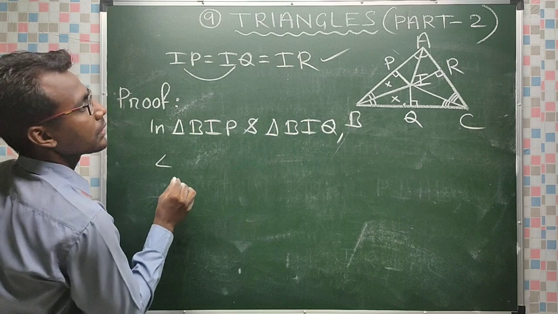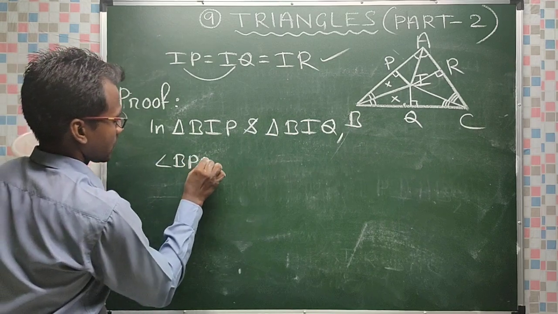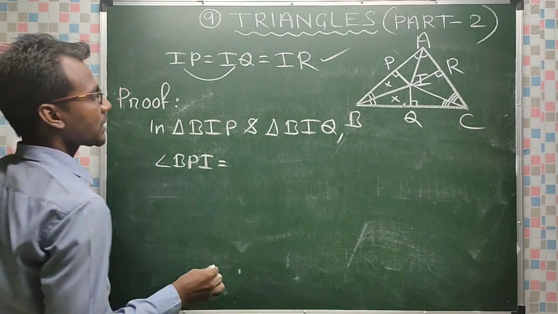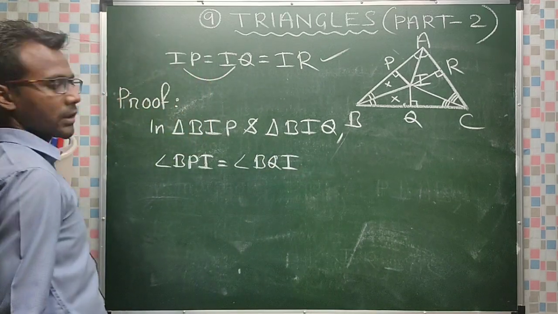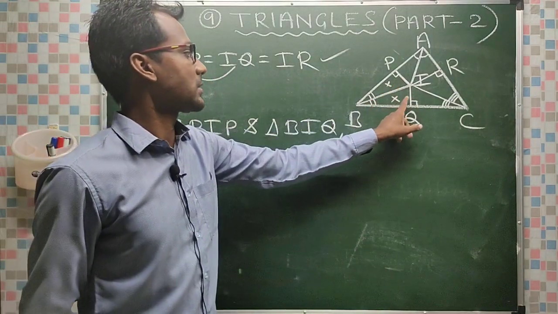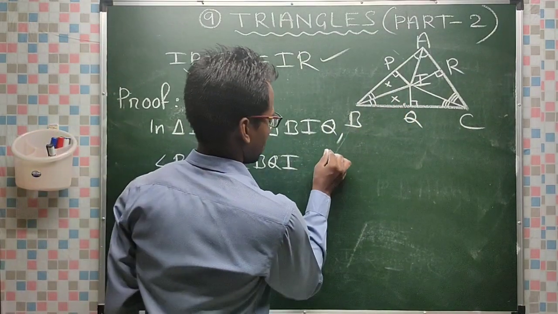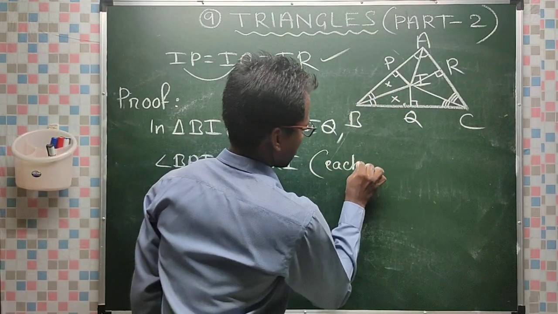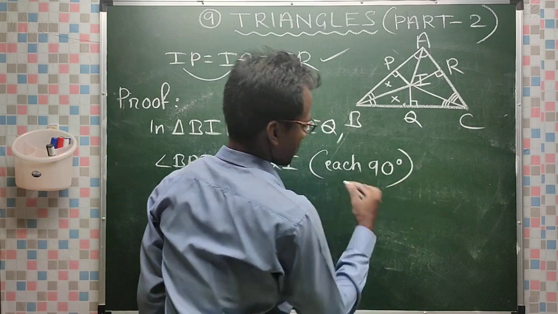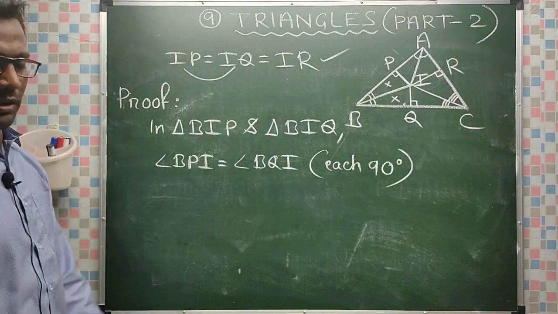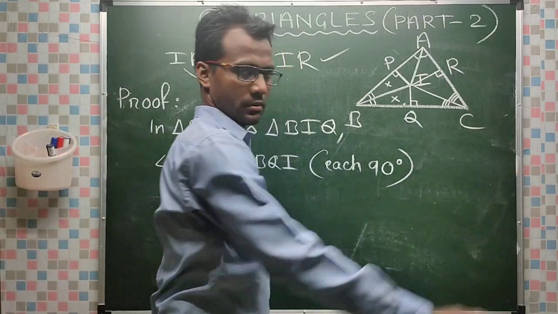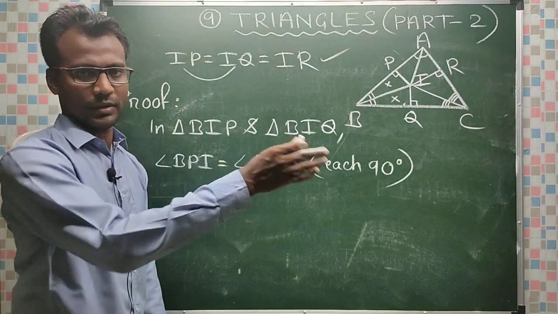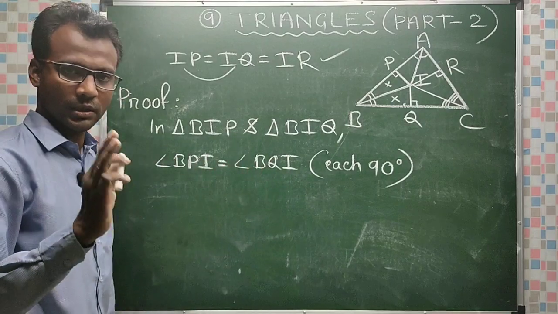Angle BPI is equal to angle BQI. Why? Each 90 degree. This is the reason. Always you have to write the reason. This is the statement, this is the reason. You have to write statement then reason. Without reason, your statement is useless.